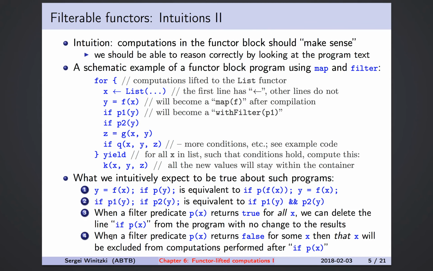And so we formulate that as a requirement: whenever a filter predicate p of x returns false for some value of x, then that value of x will not be included in any computations performed after that line. So that is our final condition. So these are the 4 properties that functor block programs must satisfy.